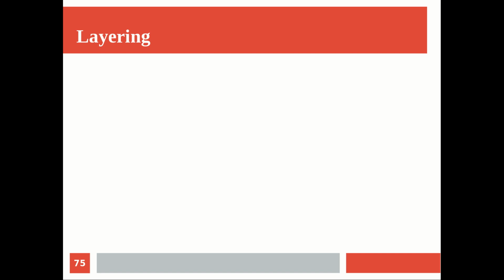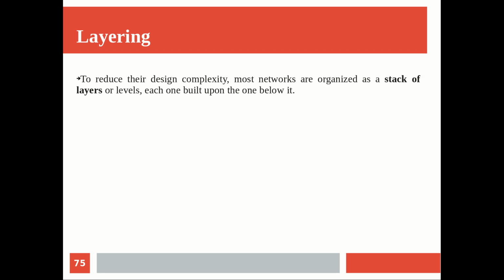More about it, what is explained in your Tanenbaum textbook. To reduce the design complexity, most networks are organized as a stack of layers. So layer 1, 2, 3, like that, you can see a layer stack, and each layer has a set of protocols associated with it.